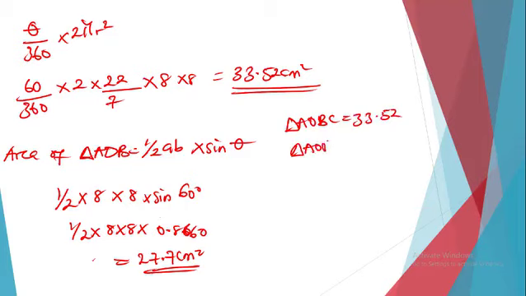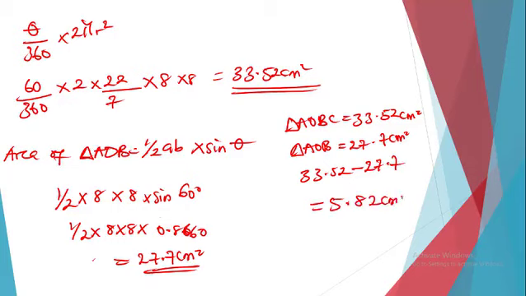Triangle AOB is equal to 27.7 cm squared. Now we have 33.52 minus 27.7, and that will give us 5.82 cm squared as our answer.